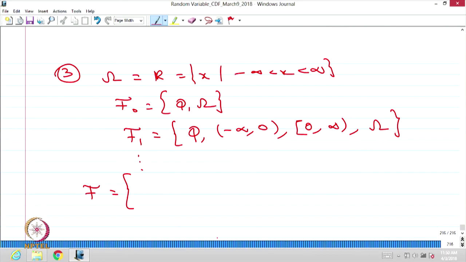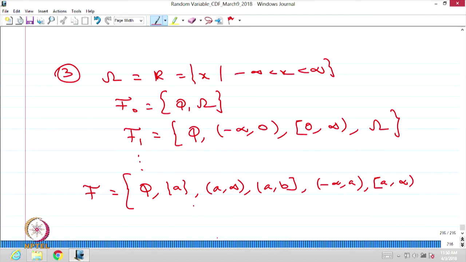It starts with the empty set, the singleton element A, and the form A to infinity, where A can be a real number. It will be of the form A to B, where B is also a real number, of the form minus infinity to A, open, and of the form closed interval A to infinity.